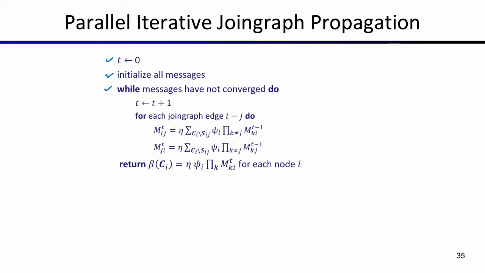Basically this is a test to see if, for all messages, the difference between what we have now and in the previous iteration is smaller than a very small threshold, like 0.0001, something like this. We can also add a second condition here, which is a maximum number of iterations, so we can stop in case the algorithm does not converge.